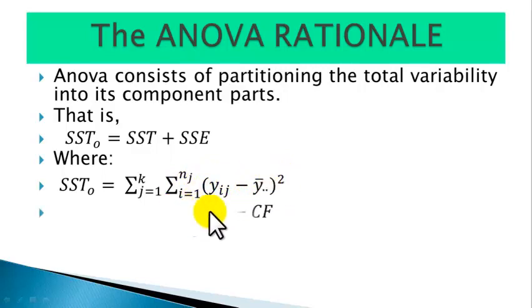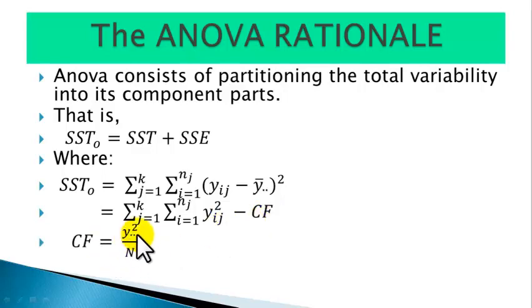This we can expand and simplify to obtain sum j from 1 to k, sum i from 1 to nj of yij squared minus the correction factor CF, where CF here represents y dot dot squared all over capital N.